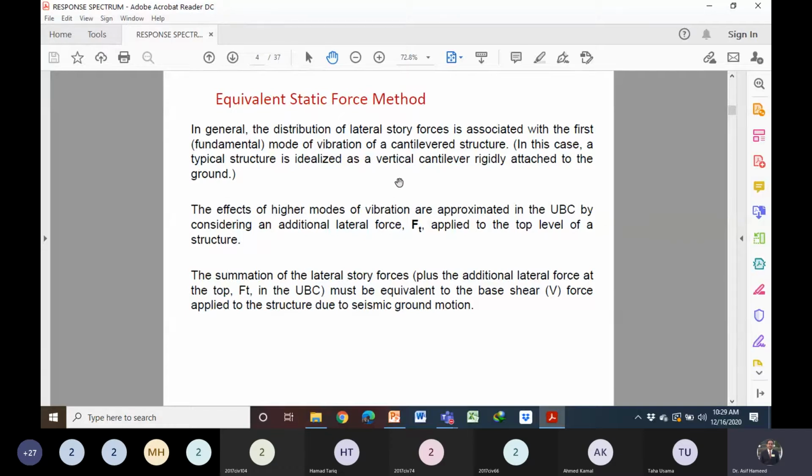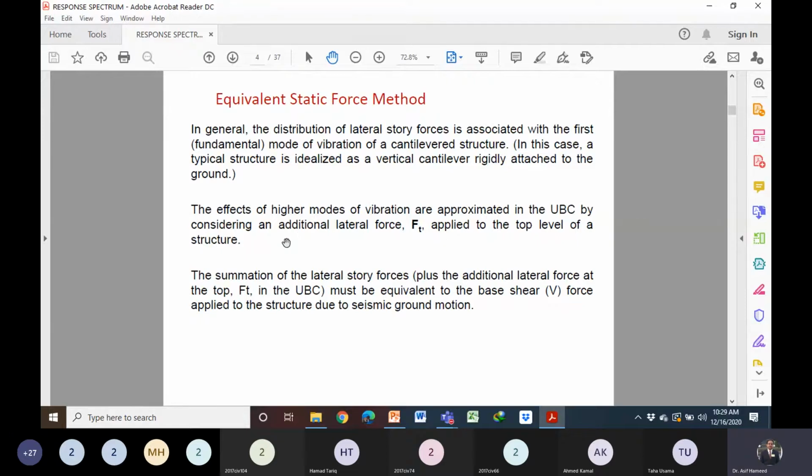Normally, in a regular structure, as you have seen in the example, the response in the first mode of vibration was dominant. So if the time period is more than a certain value, or the height is more than a certain value, then we can use an additional lateral force at the top level, which will incorporate other modes of vibration.